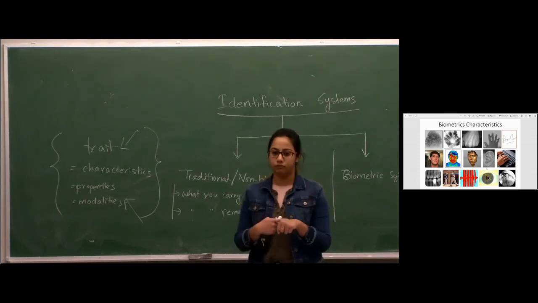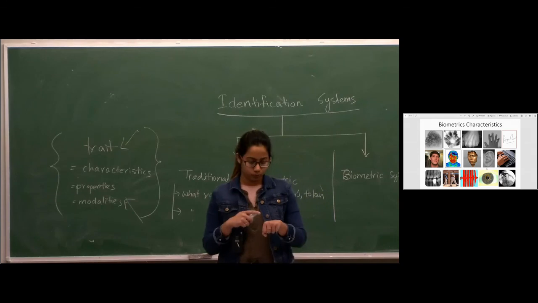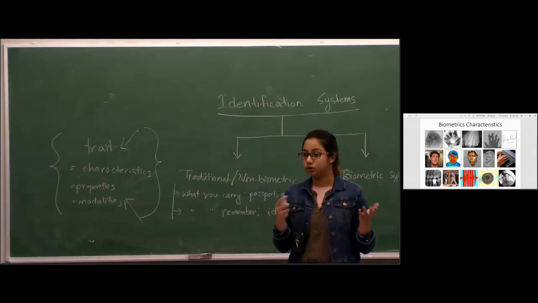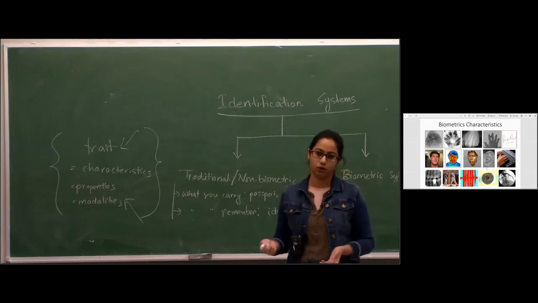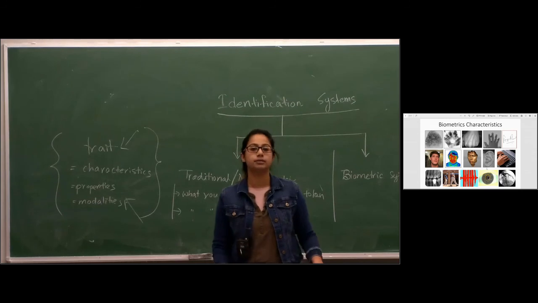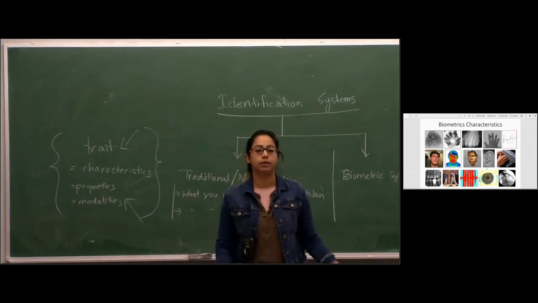But what about the veins? If you want to duplicate my veins, you have to make some bruise or change the vein patterns. I'm not sure whether that is even possible or not. So it's very difficult to spoof. So that's the good thing about veins, that vein patterns cannot be easily spoofed.